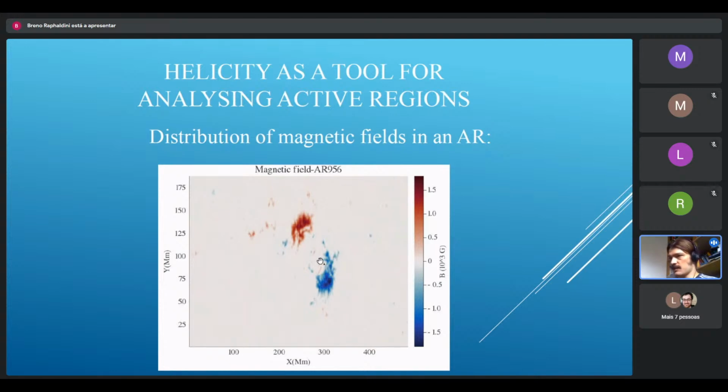Here you see in one particular active region, AR956, the distribution of magnetic field strengths, and you see that it's very concentrated, which means that this average quantity will give a very large weight in these regions.